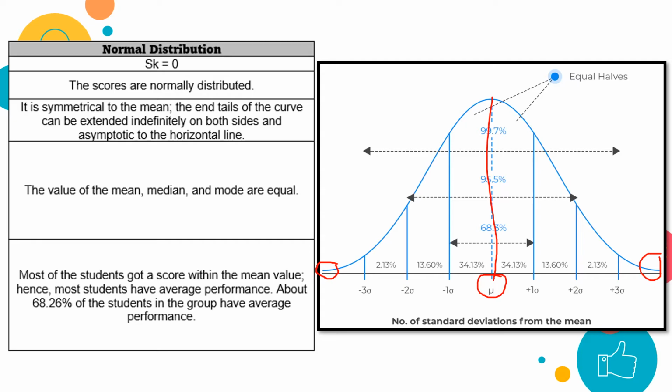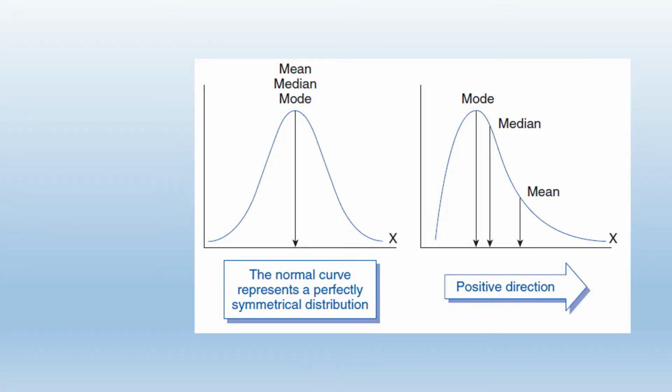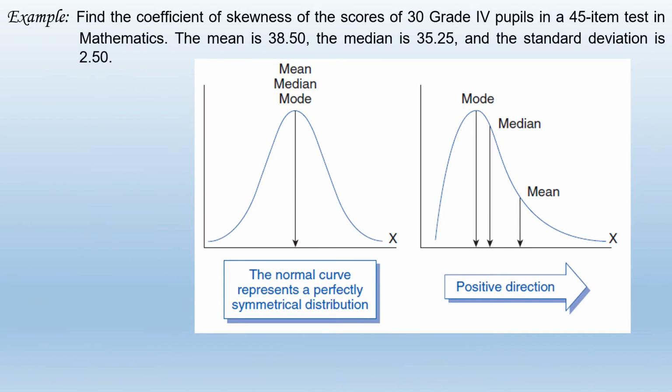Okay. I think we were trying to look once again at the picture. So here we have the normal curve, and of course the positive direction. This is an example, based on the example given.